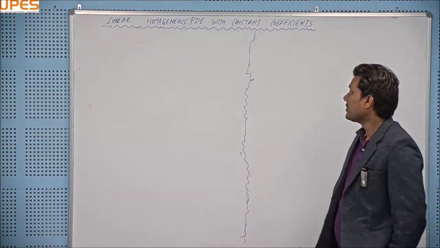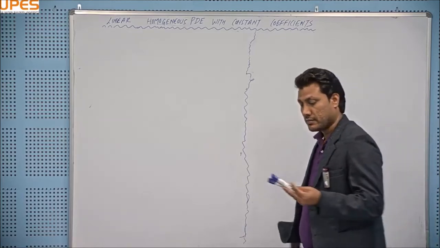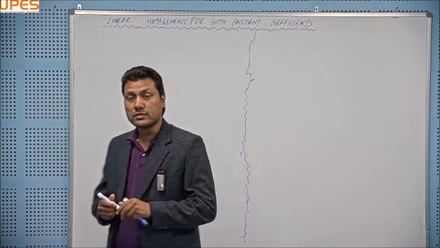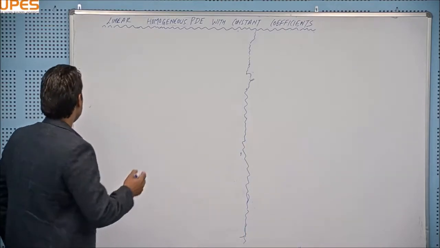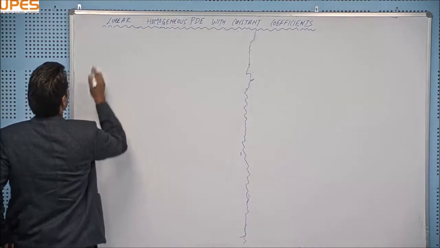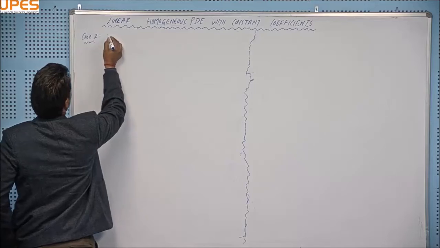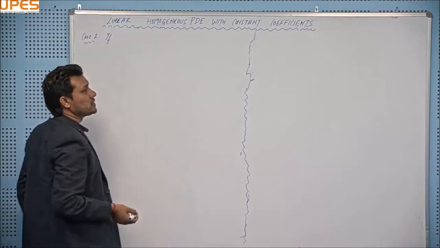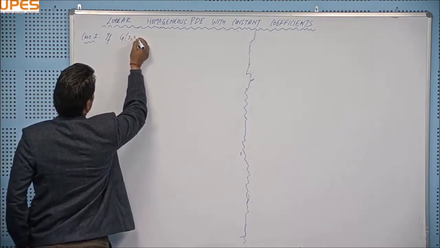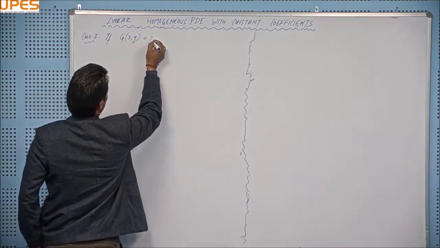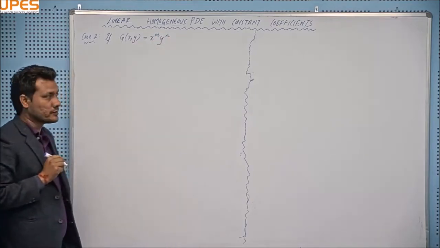In this video, we will be discussing our case number 2 when the right hand side is particularly of this type, x to the power m multiplied by y to the power n. Let me write it. Case 2. If the right hand side of our equation number A, we called that function g(x,y), is equal to x to the power m and y to the power n, right?